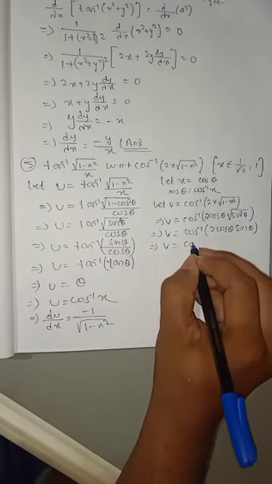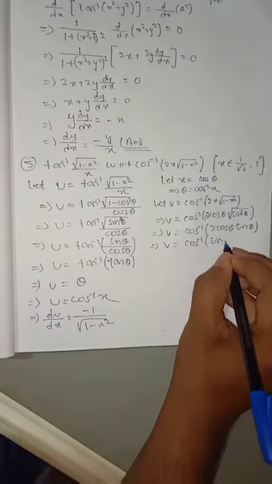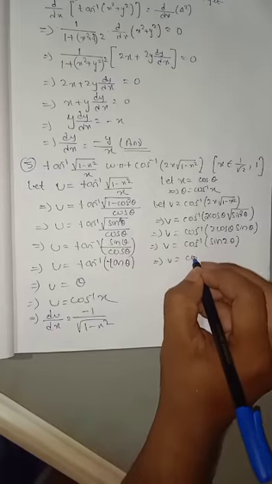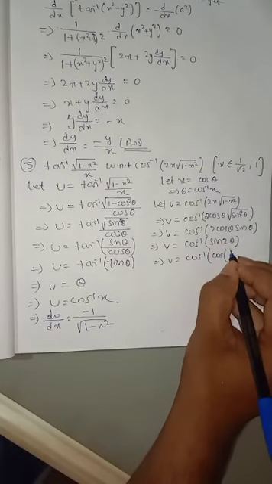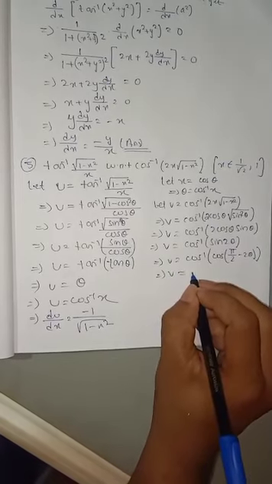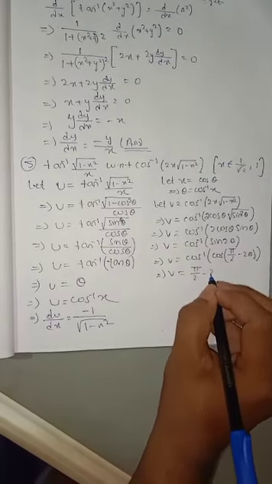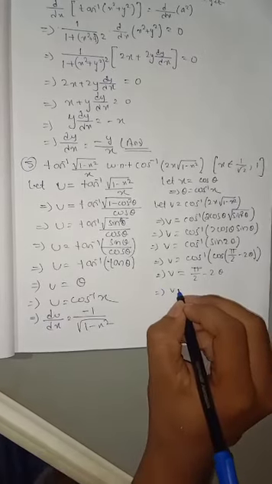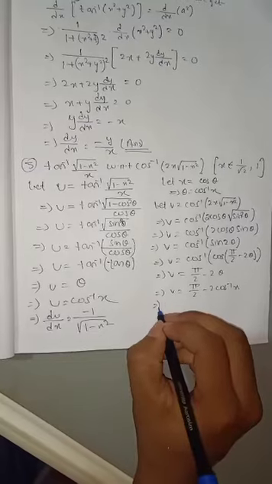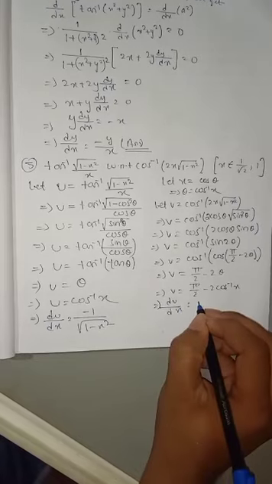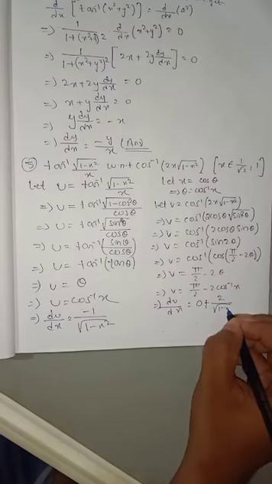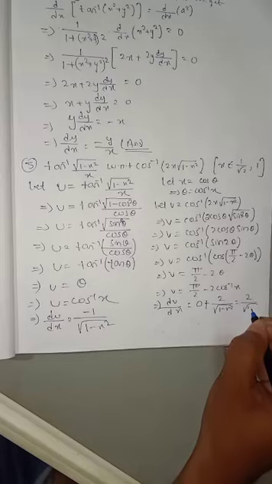V is equal to cos inverse of sin 2 theta, which is cos inverse of cos of pi by 2 minus 2 theta. V is equal to pi by 2 minus 2 theta, equal to pi by 2 minus 2 cos inverse x. So dv by dx is equal to 0 minus, here 0 plus 2 by root over of 1 minus x square, equal to 2 by root over of 1 minus x square.